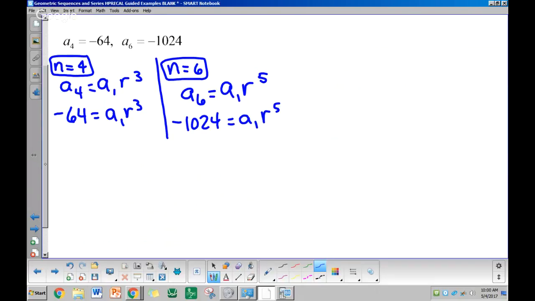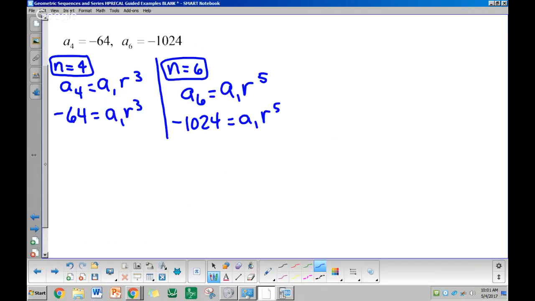But could r possibly be 0 in this case where I'm getting two different numbers here? The answer is no. If r was 0, these would be 0. The other thing I want to point out is these are two equations. This is a system, but it's not a linear system, is it?